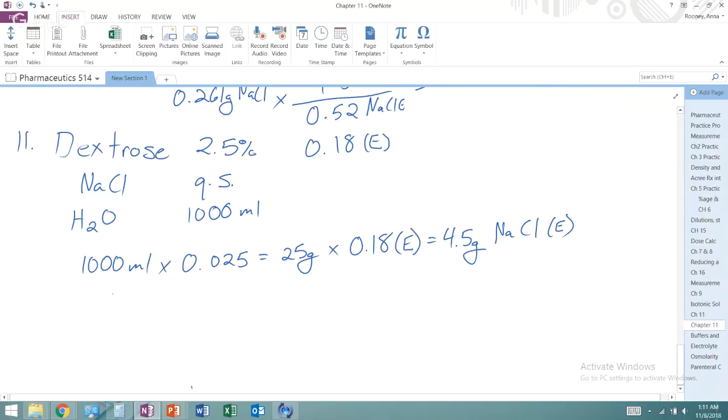Then, we know that the isotonic amount of sodium chloride is 0.9%, so we have to figure out how much sodium chloride equivalent we will need, which is 9 grams. Then we need to take away the equivalent amount that we already have in there, which is 4.5. So that leaves 4.5 grams sodium chloride to add.